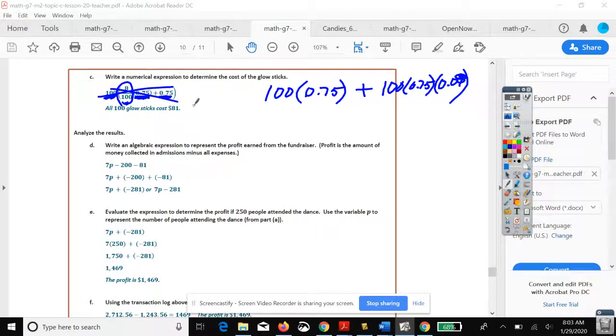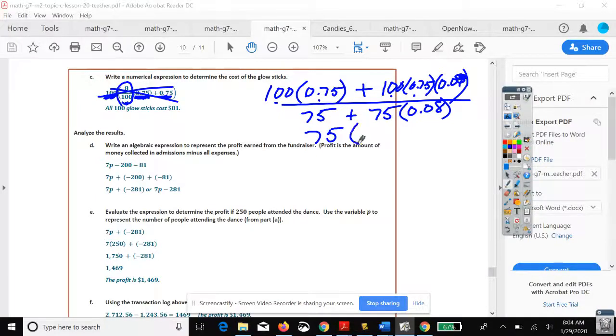I don't like this one very much. This one I understand because I'm just doing things normal. I can factor out the 100 and the 75 because they're in both things. So if I do 100 times 0.75, I've got 75 plus 75 times 0.08, and then I can factor that out.